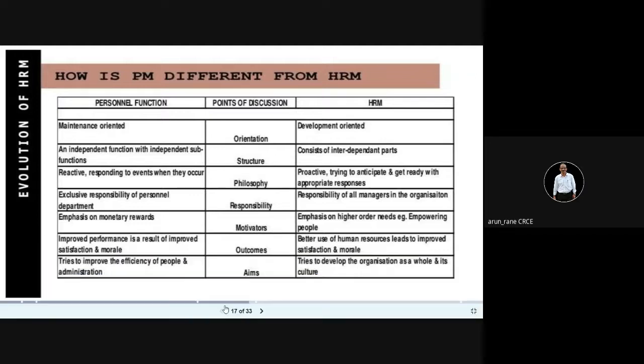Structure-wise, the personal department is an independent function with independent sub-functions, whereas HRM is interdependent with production and marketing. Philosophy: the personal department is reactive, responding to events when they occur.